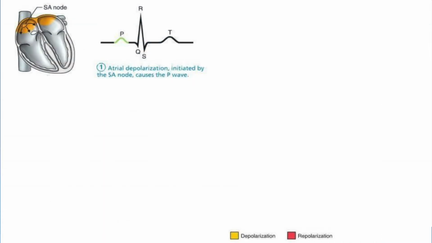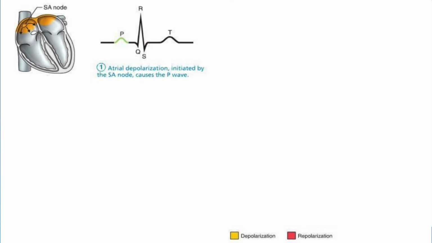The P wave represents the electrical impulse starting in the SA node and spreading through the atria. The P wave is the first positive deflection and represents atrial depolarization or atrial contraction. The normal amplitude of the P wave is 3 mm or less.